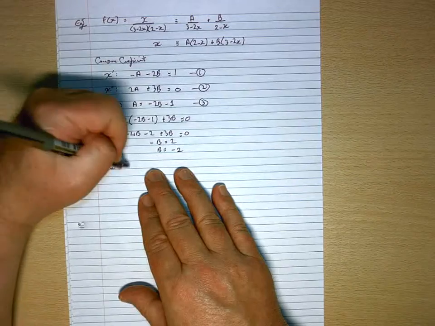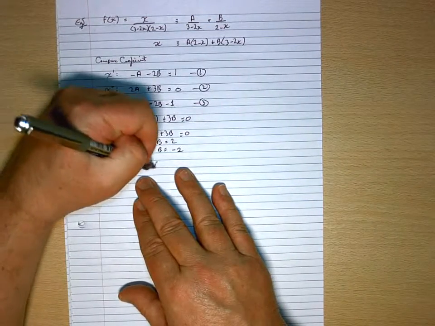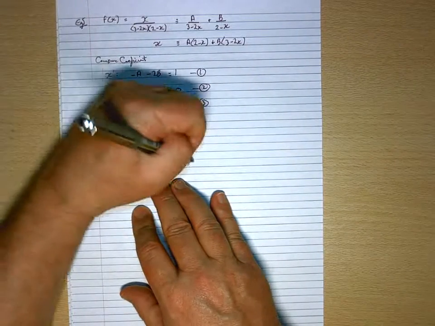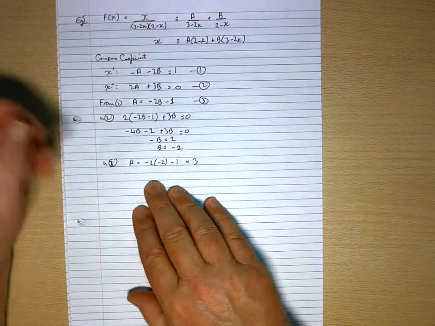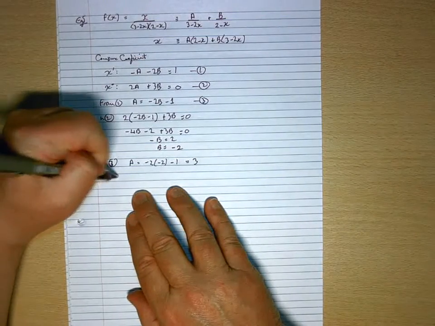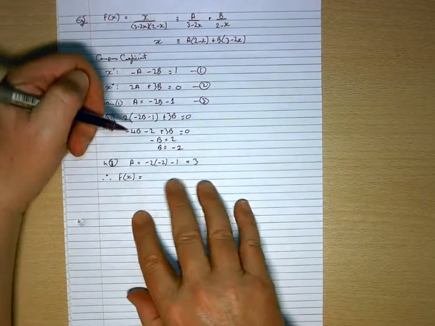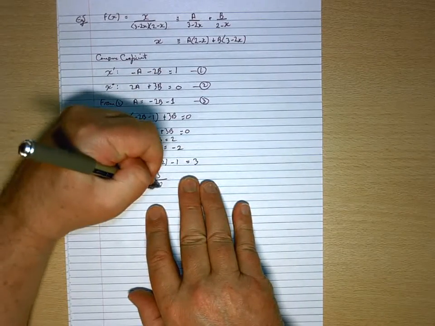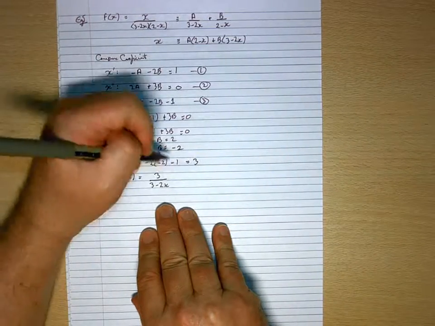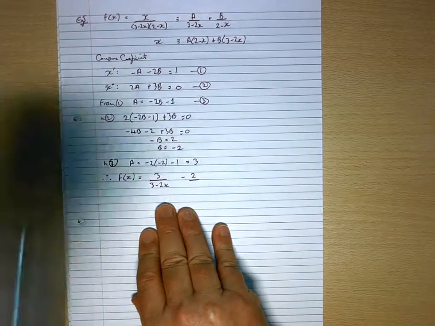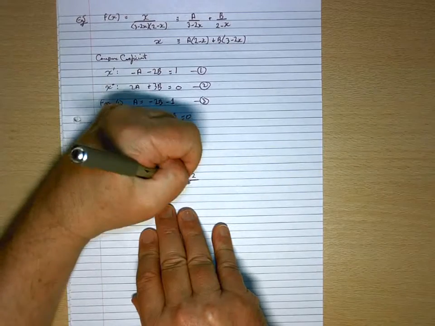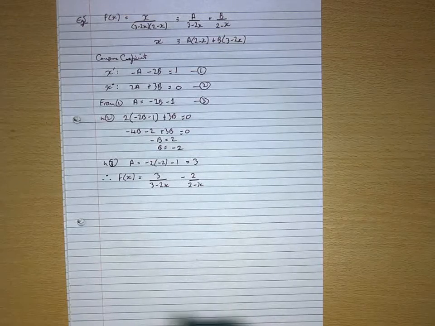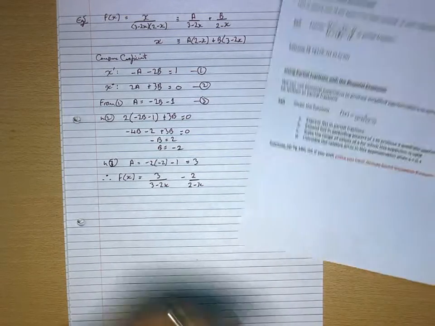Put that in 3. And a will be minus 2 times minus 2 minus 1, which will be 4 minus 1, which is 3. So therefore f(x) can be written as 3 over 3 minus 2x plus b over 2 minus x. So that's part A done.